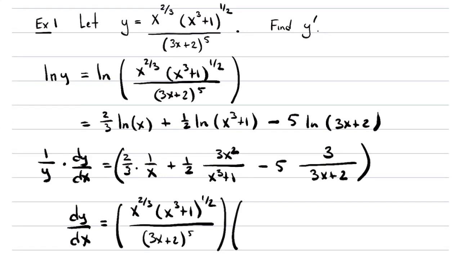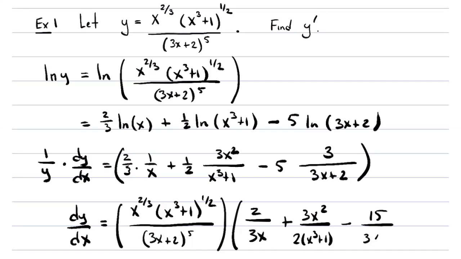And then what's it times? Well, it's times that bracketed expression that starts off 2/3 times 1 over x. If we simplify that a little bit as we go, I've got 2 over 3x. And then what would we have? Plus 3x squared over 2 times the quantity x cubed plus 1, minus 5 times 3 is 15 over 3x plus 2.